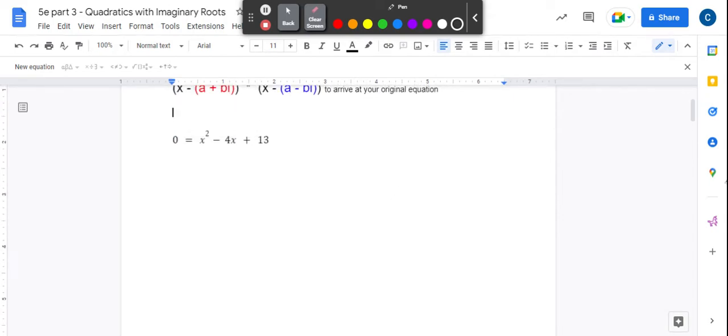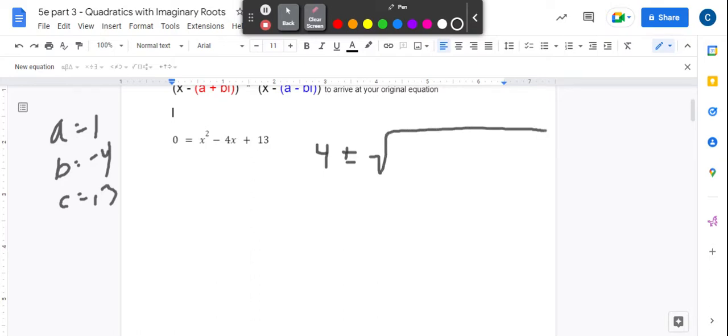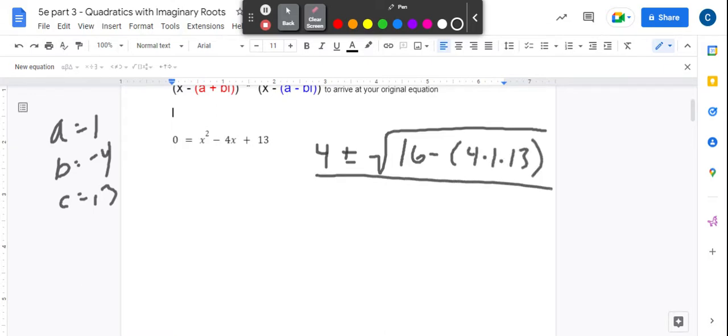All right, so we have our quadratic formula. Negative b: a is 1, b is negative 4, c is 13. So negative b, which is 4, plus or minus the square root of b squared, which is 16, minus 4ac, all over 2a. A is 1, so over 2.